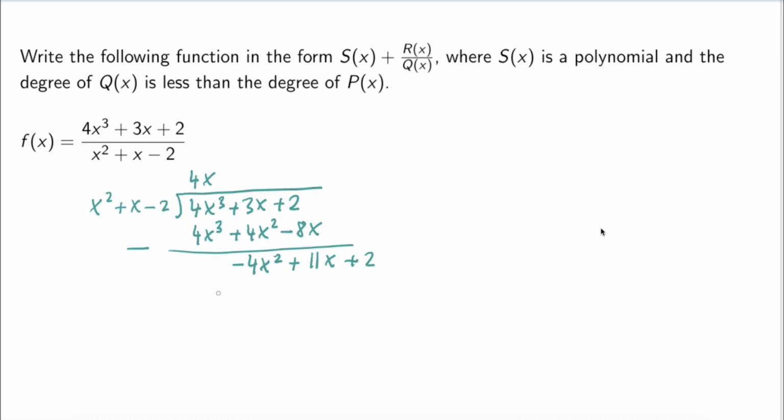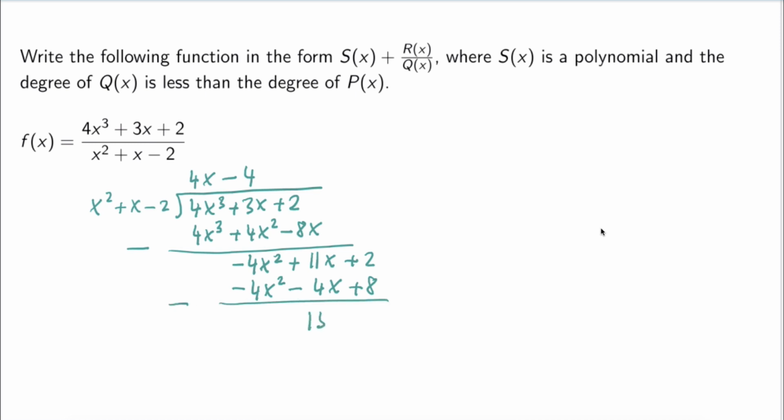Okay, next term. So how do we get x squared, the dominating term, into a minus 4x squared? Well, we multiply with minus 4. So then we get a minus 4x squared, and then we get minus 4x from there, and we get a plus 8 from there. We subtract this, the first terms cancel.